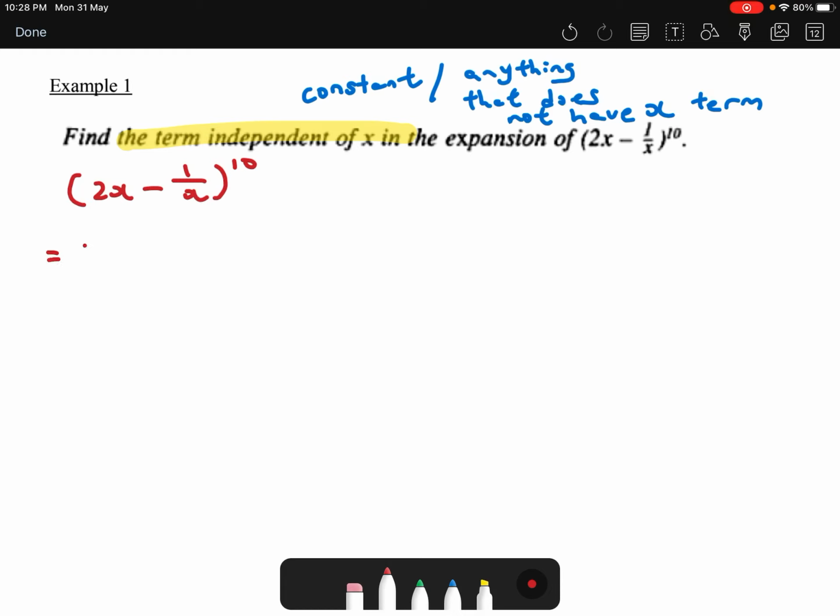So 10 choose r, then bracket 2x, and then bracket minus 1 over x. So the blue is just r, and the green is just 10 minus r. Let me manipulate this a bit more.